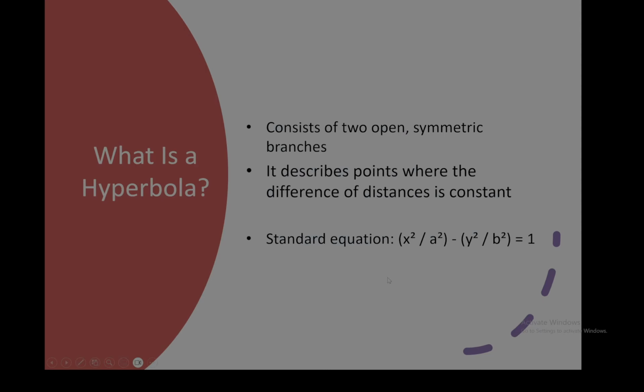So what is a hyperbola? We consider two open arms with symmetric branches. It describes a curve where the difference of distances is constant, and the standard equation is x squared over a squared minus y squared over b squared equals 1.